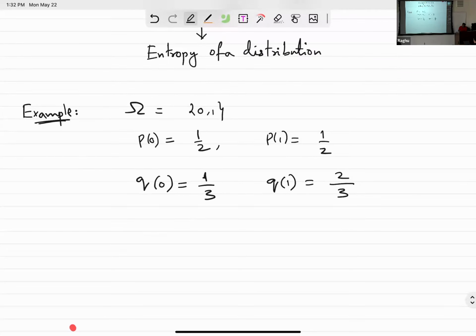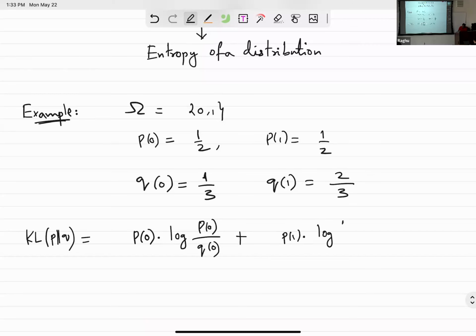Okay, so what is KL divergence between P and Q? We compute it as P of 0 times log of P of 0 divided by Q of 0, plus P of 1 times log of P of 1 by Q of 1.